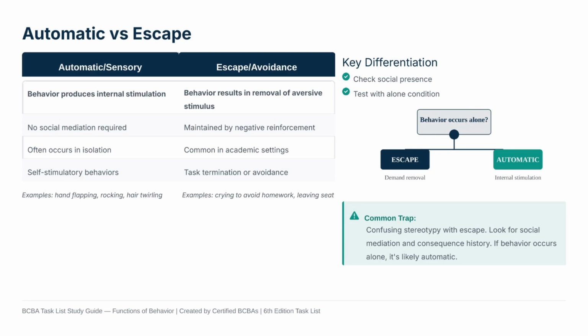If you remove all demands and the behavior continues, escape becomes unlikely. If you place the individual alone with no tasks and the behavior still occurs, automatic reinforcement is probable. In functional analysis, this distinction often appears between the alone condition and the demand condition. So always ask, is the reinforcement externally mediated or internally produced?